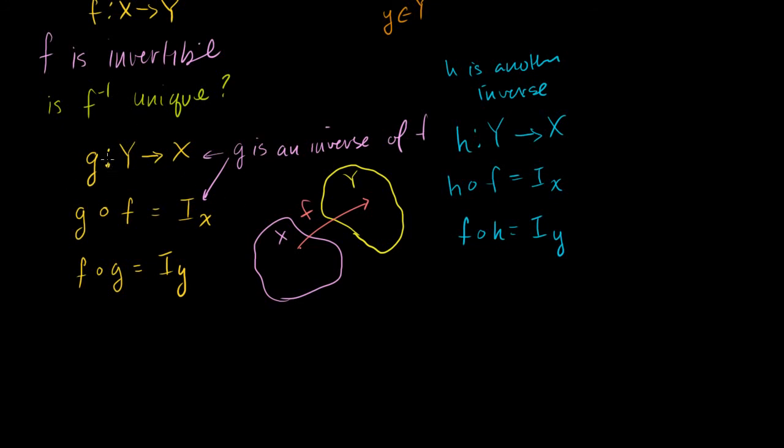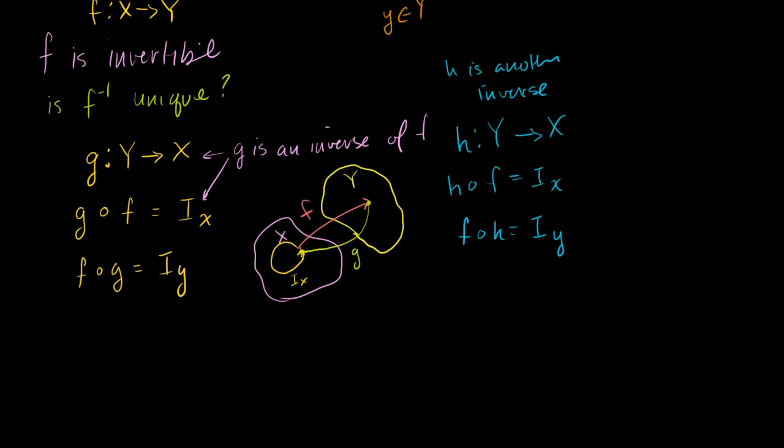So we're saying that g is such that if you take the composition of g with f, you get the identity function. If you take g, you're going to go back to the same point. Taking the composition of g with f means doing f first, then g. This is equivalent to just taking the identity function on x, so just taking an x and going back to an x. So this is g right here. And the same thing is true with h.